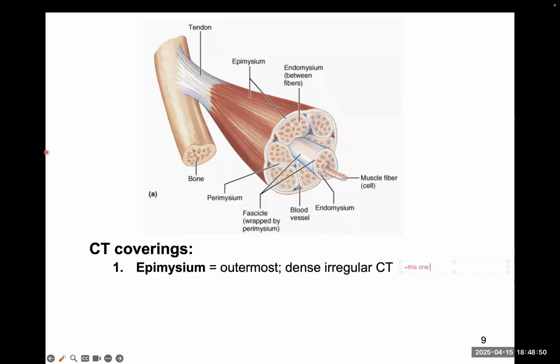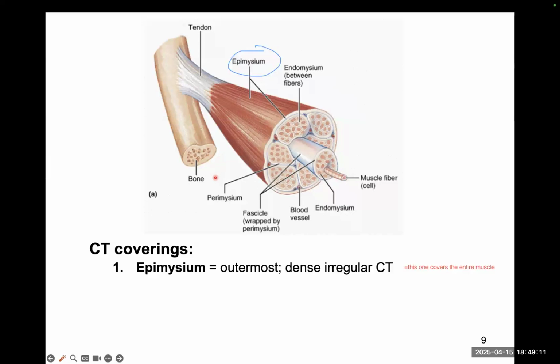This one covers the entire muscle. This is called epimysium. So that's what you can see here. Epimysium, it's going around the entire muscle.